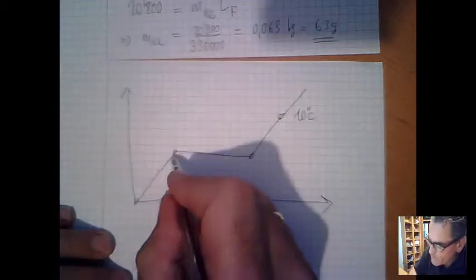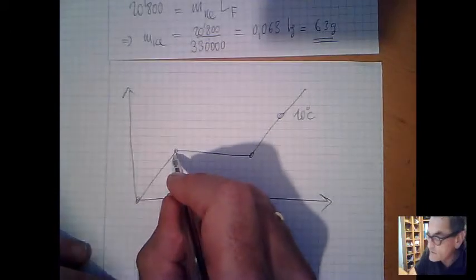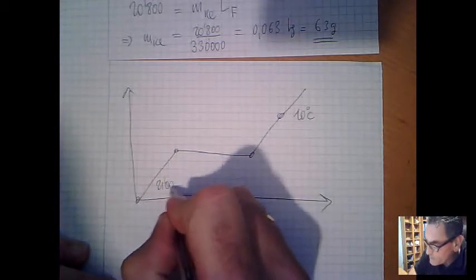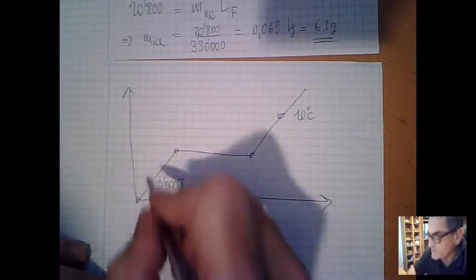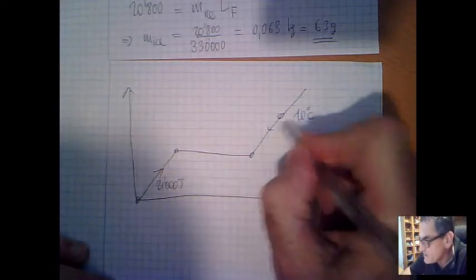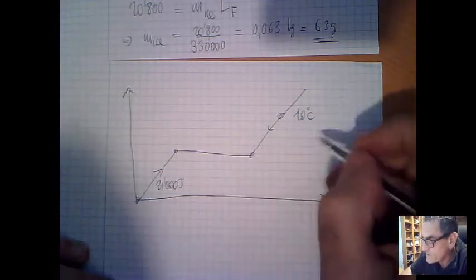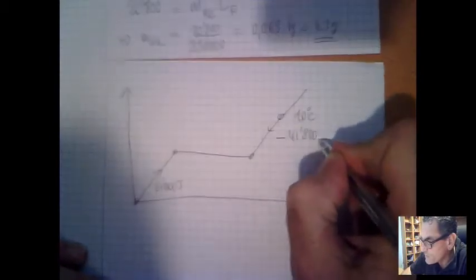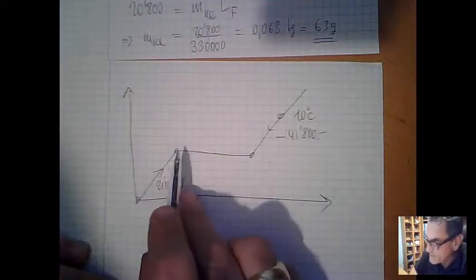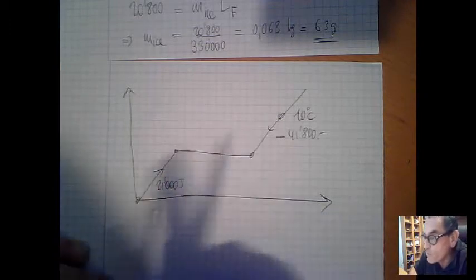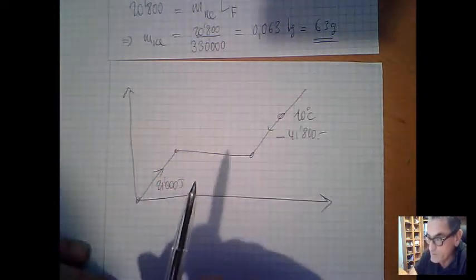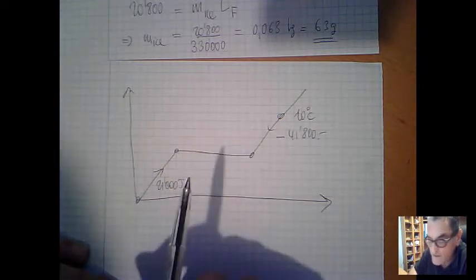Here, for warming up our kilo of ice, we need 21,000 joules, when we go up. Here, to go down from 10 degrees to 0, we get back 41,800.